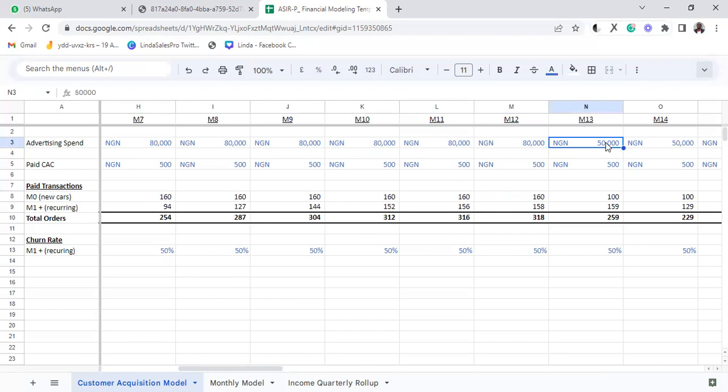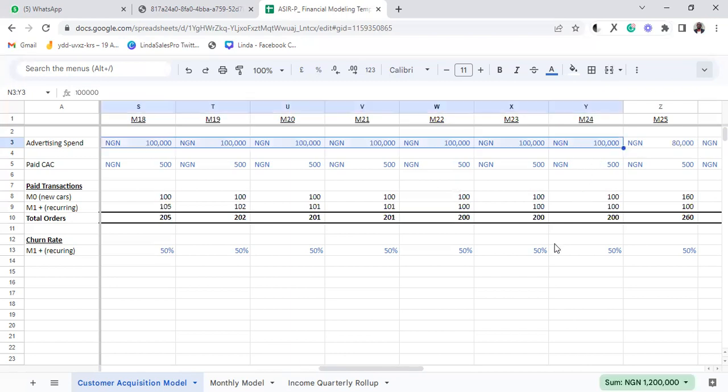So month 13 happens to be the second year. So from month 13, we can say, okay, we want to increase our marketing spending to 100,000. So we are going to be spending 100,000 all through till month 24.